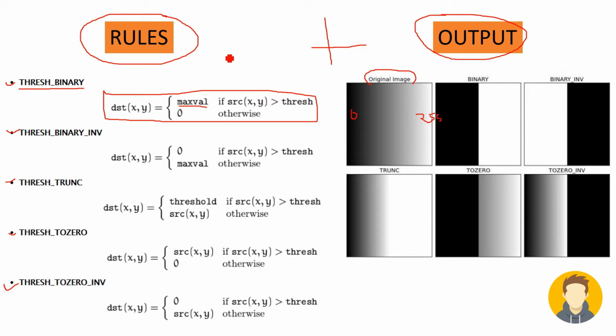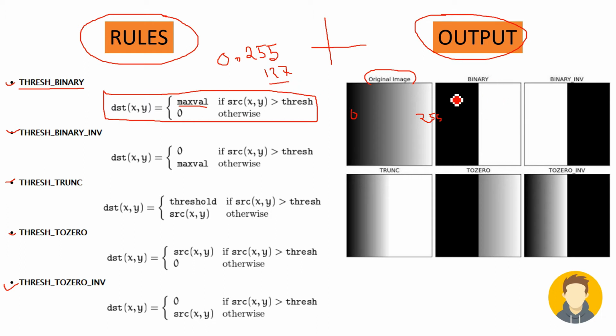Let's assume the lower value is 0 and our maximum value is 255. We know that 0 means black and 255 means white. We assume our threshold value is, let's say, 127.